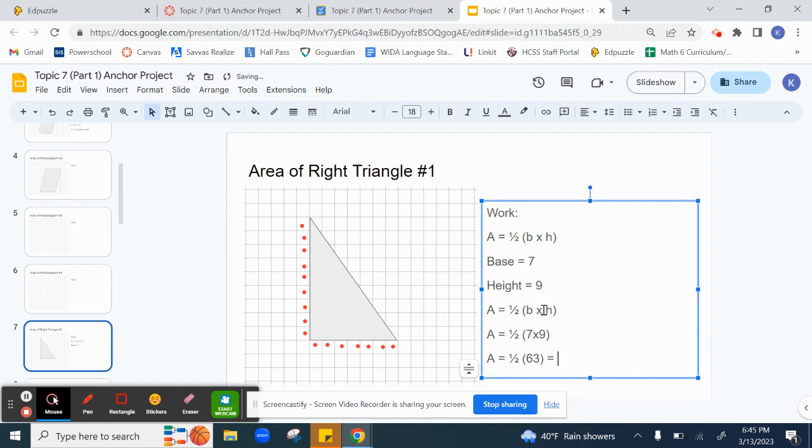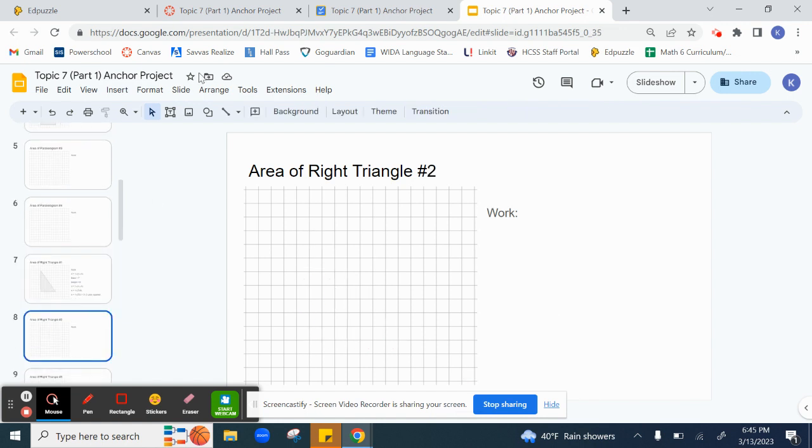All right, so now half of 60 is 30. Half of 3 is 1.5. So half of 63 is 31.5 units squared. Again, because half of 60 gives you 30, half of 3 gives you 1.5. Put them together, you get 31.5 units squared.